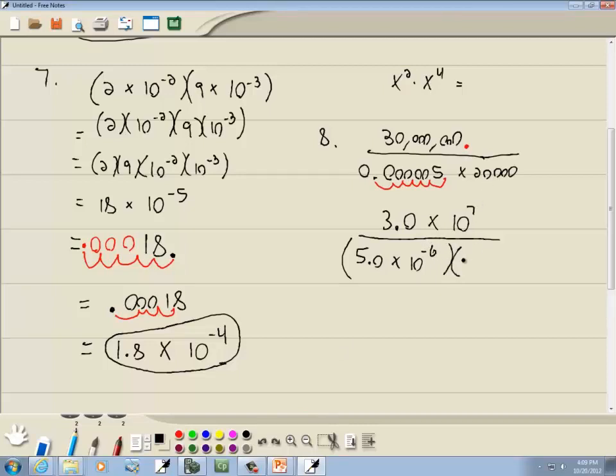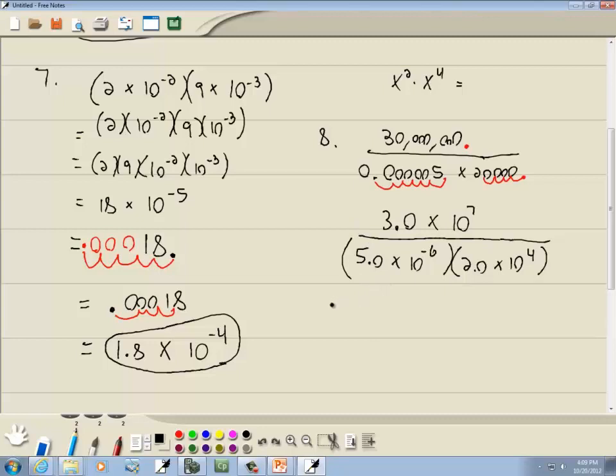And this one will be 2.0 times 10 to something. Well, if I were to put a decimal point, it'd be right here. 20,000 is a big number, so this 10 to the power should be positive. So move it 1, 2, 3, 4. Okay.